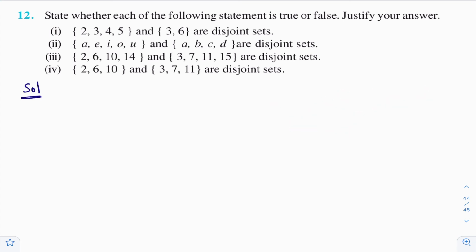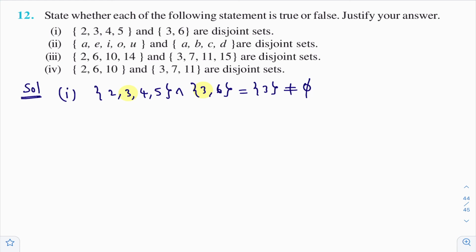For the first bit, I'll take the intersection of these two sets: {2, 3, 4, 5} intersection {3, 6}. You can observe that 3 is the element common to both. When we do the intersection of these two sets, we get 3. Is it a null set?